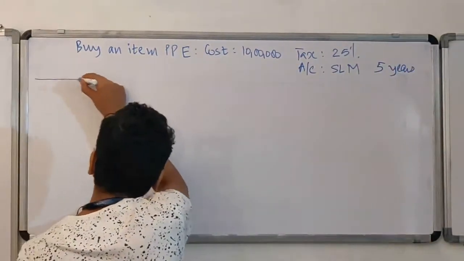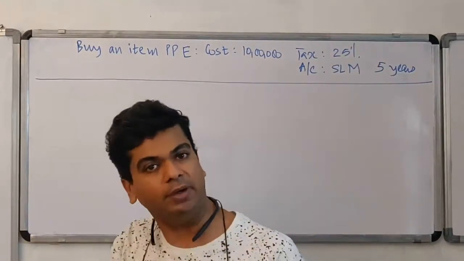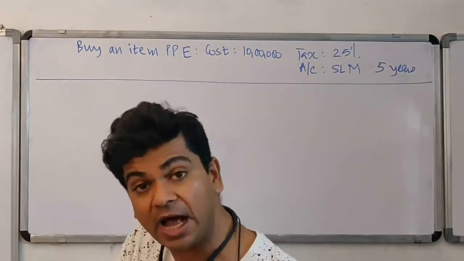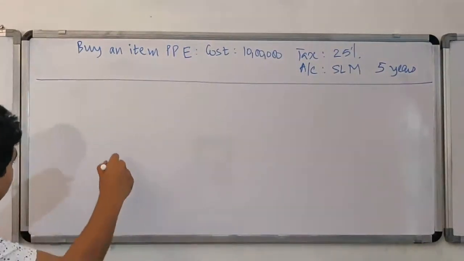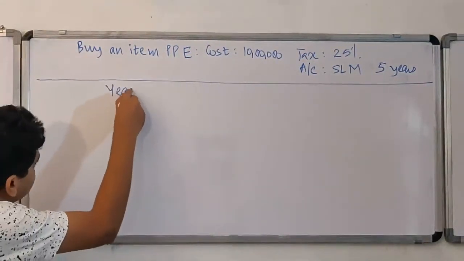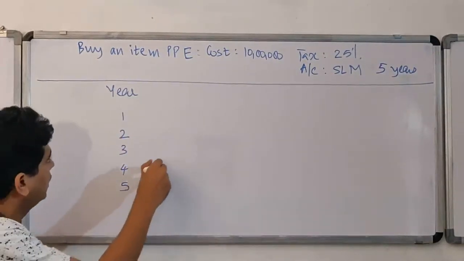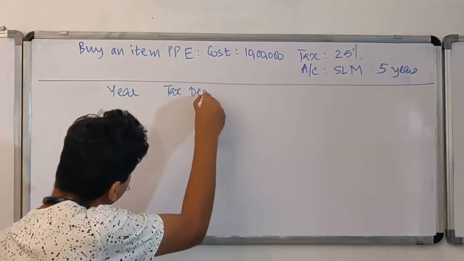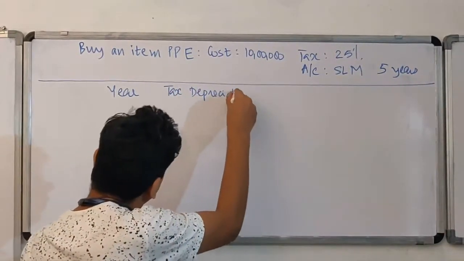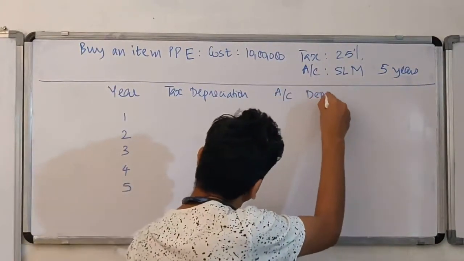So, the point that we are trying to understand is how it is going to be different in accounts and how it will be different in tax. Useful life is 5 years, so let's see for 5 years. We want to know what will be the tax depreciation and what will be the accounting depreciation.